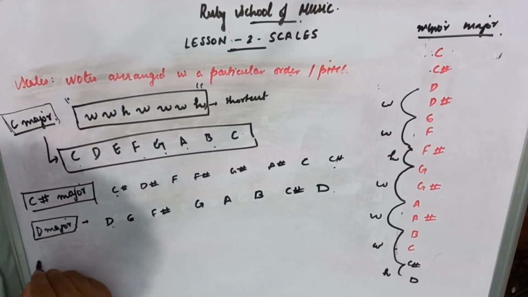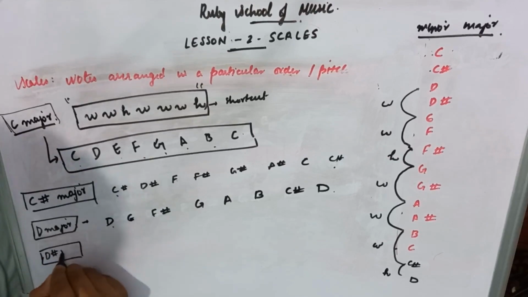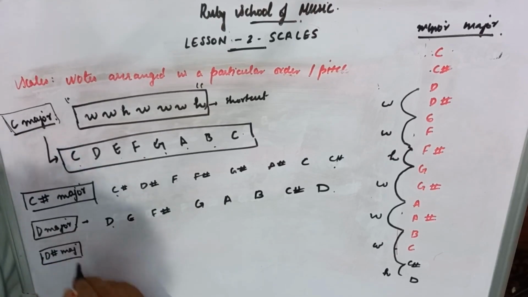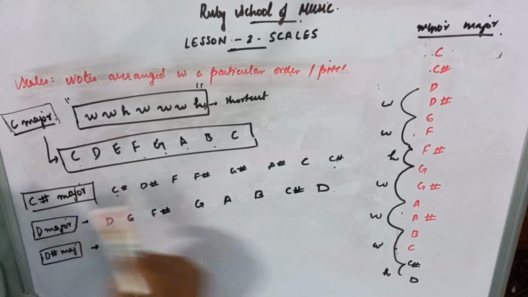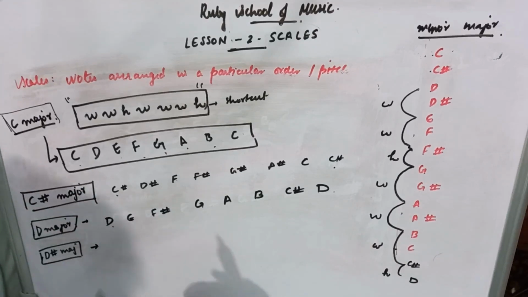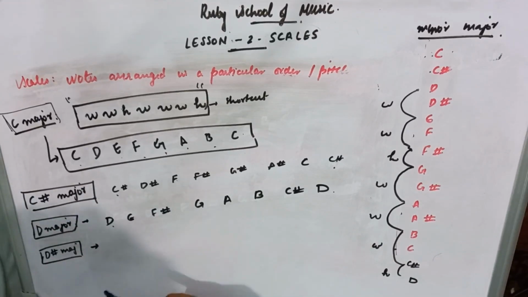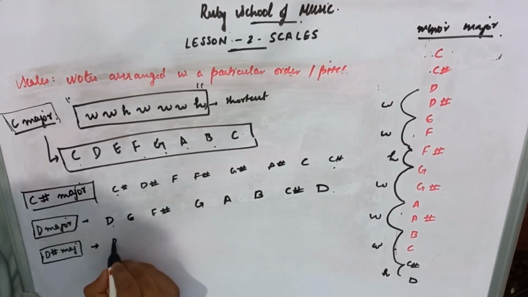Okay, now we'll write the notes of D sharp major. You can write major as MAJ. So here, I told you that you have to do this whole step, whole step, half step again. But instead, if you know the notes of D major, then you can easily write the notes of D sharp major. That will be one step above. That is, for D, you have to write D sharp.